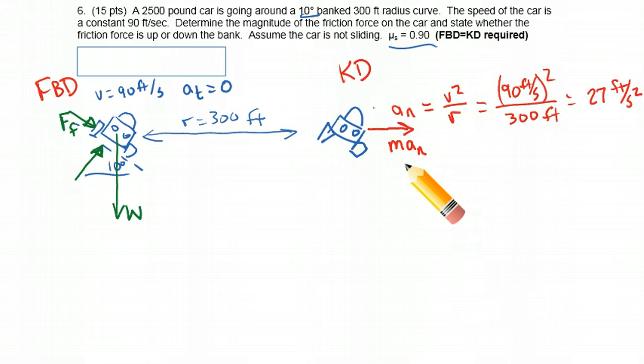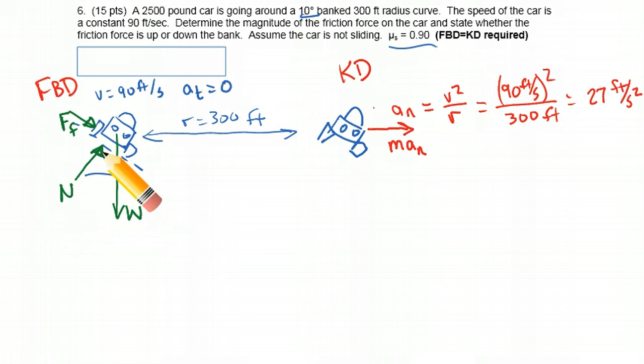Alright, let's see what we've got. We've got m a sub n horizontal. We know that value: we know the mass and the acceleration. We don't know N; let me label N now.